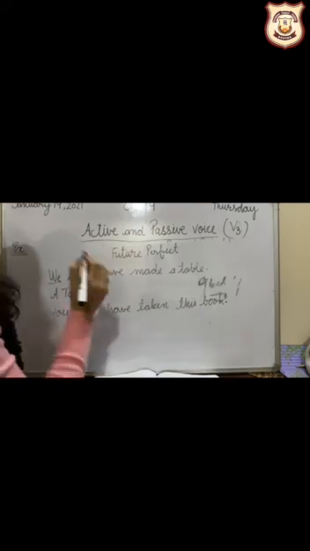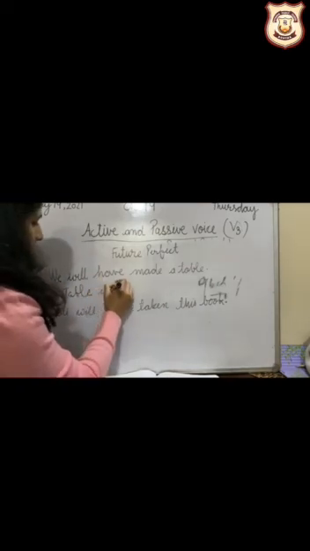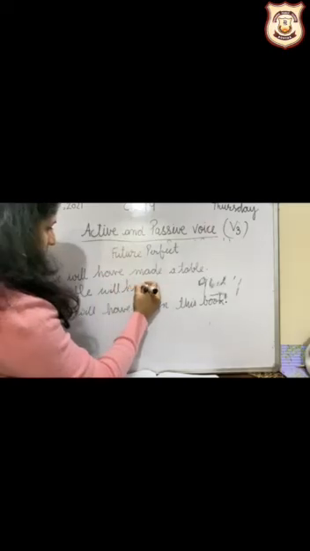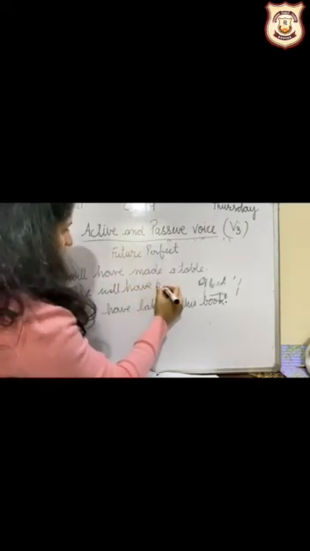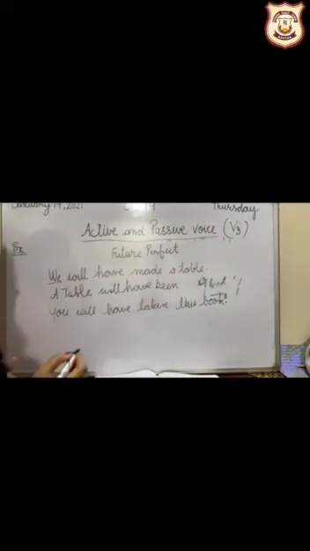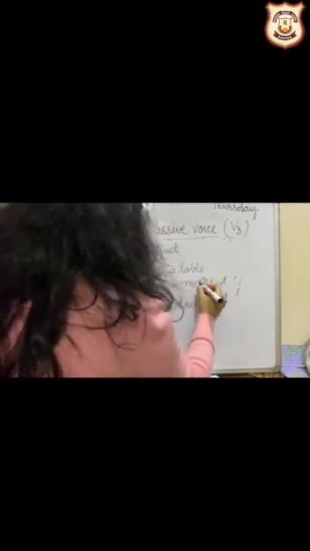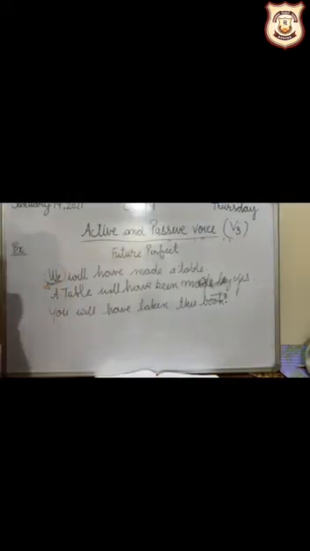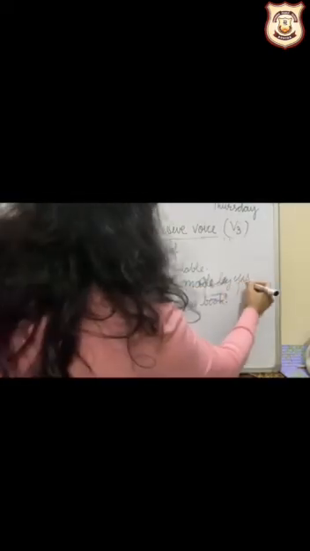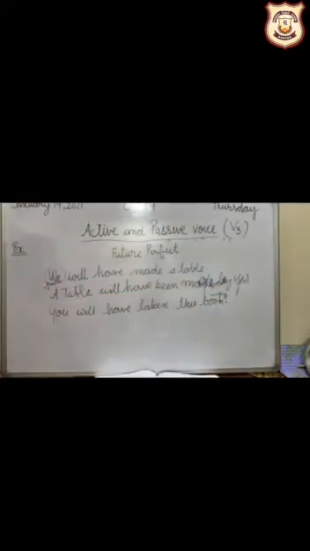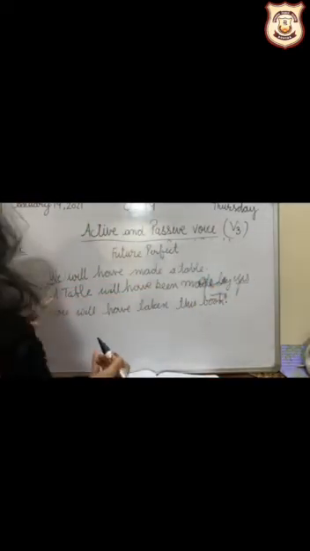A table will have been made by us. For we, this is the subjective pronoun, and for us, this is the objective pronoun. So, a table will have been made by us.